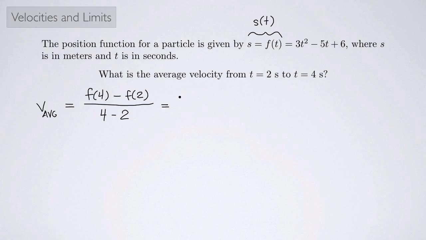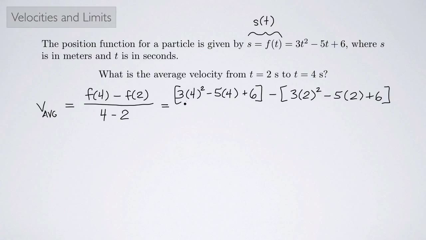So f of 4 is going to be 3 times 4 squared minus 5 times 4 plus 6. And then that whole thing minus f of 2, which is going to be 3 times 2 squared minus 5 times 2 plus 6. And then all of that is going to be divided by 4 minus 2, which is 2. And so now it's just a lot of arithmetic.